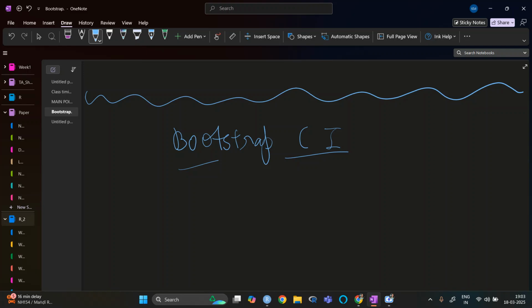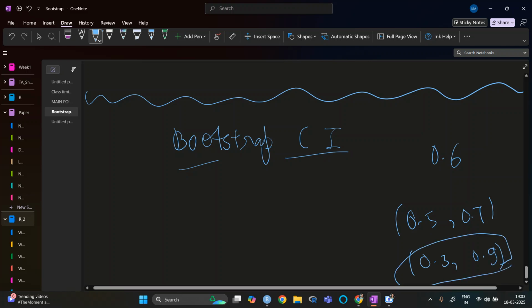So basically, right now, if you have the correlation or the mean, this one is just one point. But what if it is lying in between something? Let's say my correlation is 0.6, and somebody says their correlation is between 0.5 and 0.7, while mine is between 0.3 and 0.9.